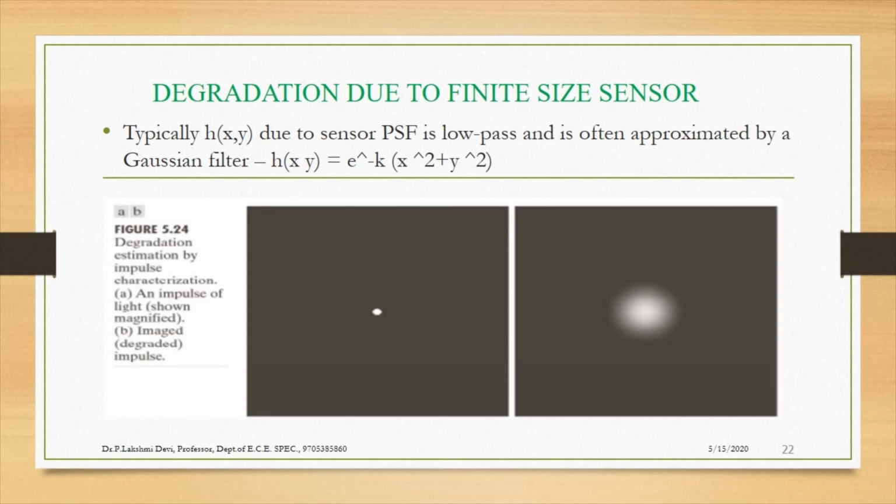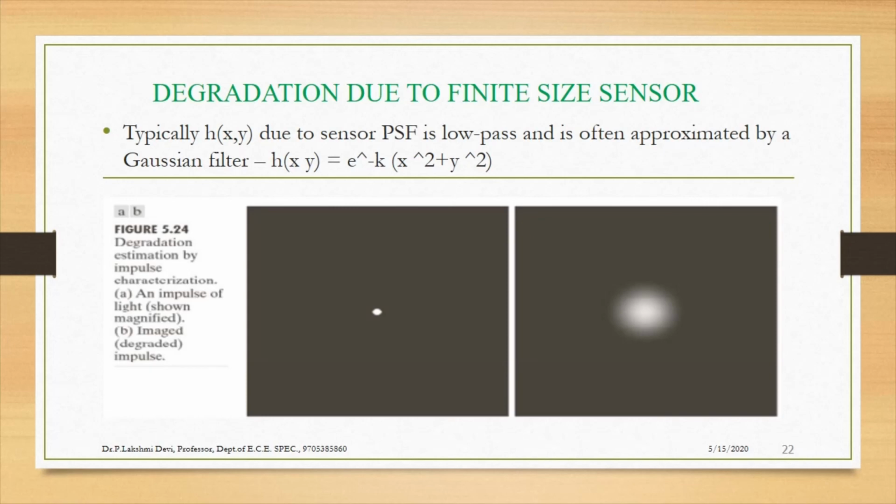So let us observe these two images here, that is degradation estimation by impulse characterization. Figure A is an impulse of light. This is a magnified form of light.